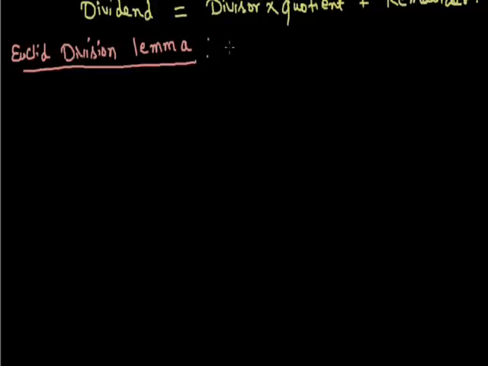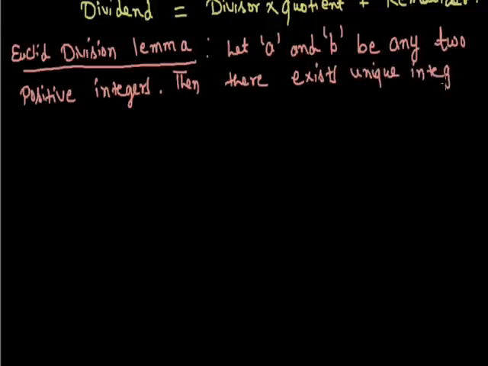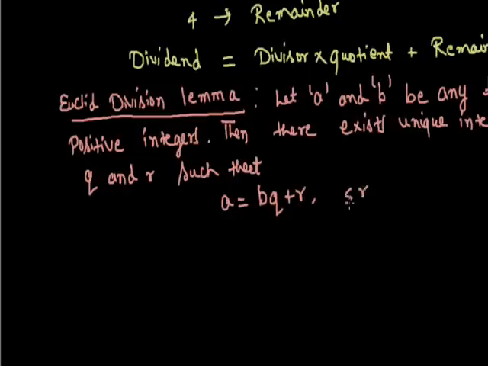Let a and b be any two positive integers, then there exist unique integers q and r such that a equal to bq plus r, where r is greater than or equal to 0 and less than b.